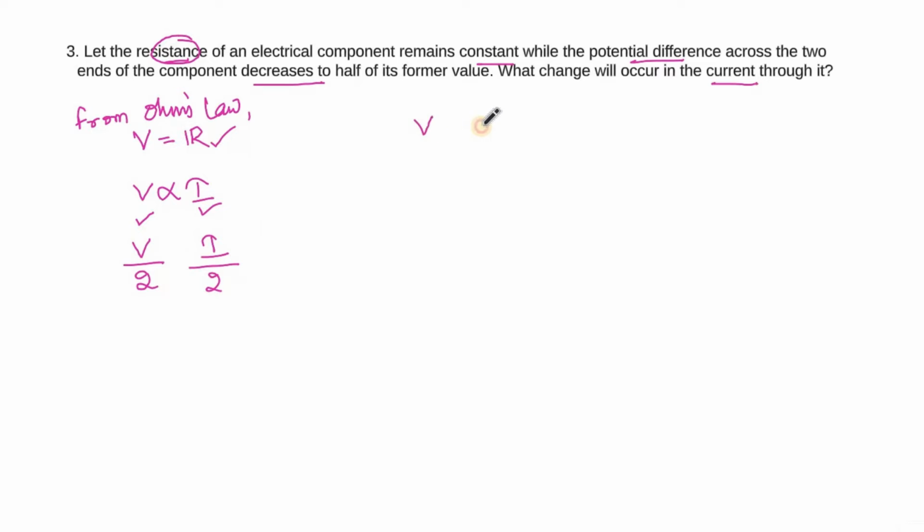Now we know that V is equal to IR, R is constant. Now V dash, the new V dash, is half of the original value, and we have to find out the new current I dash, what will be its value. Now we know from Ohm's law V is equal to IR.